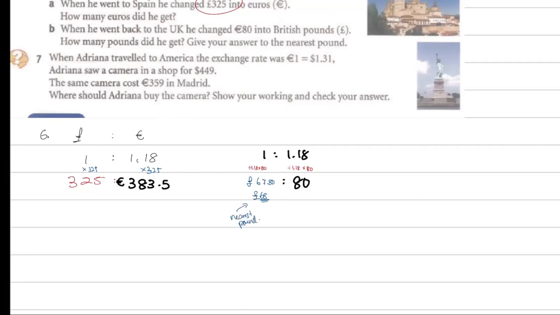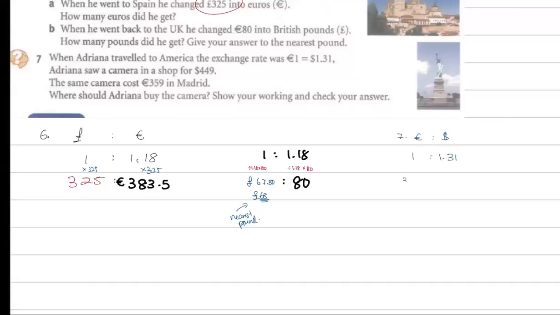Next one, when Adriana traveled to America and exchange rate was 1:1.31, she saw a camera at the shop, $449. The same camera cost 359 euros in Madrid. Which camera should she buy? So I would actually change the euros to dollars. 1 euro is $1.31.